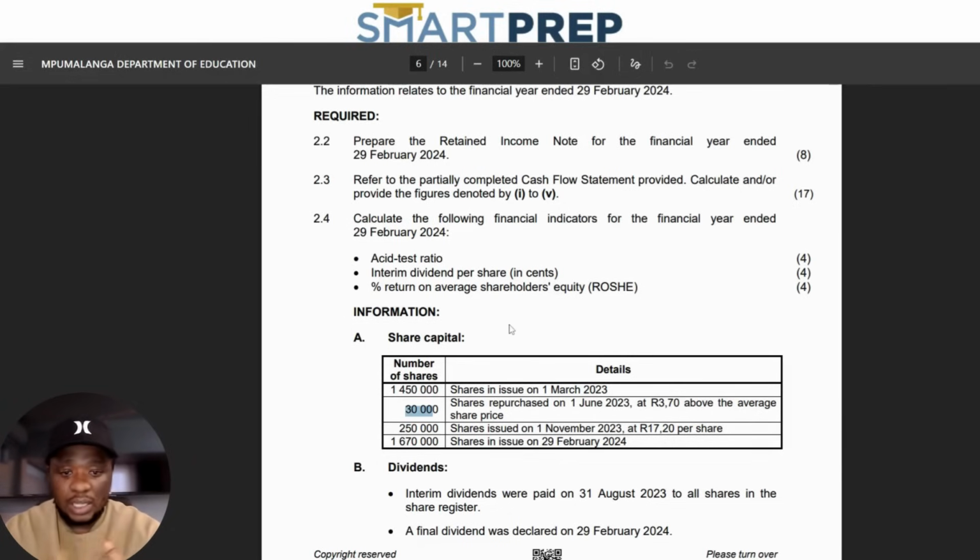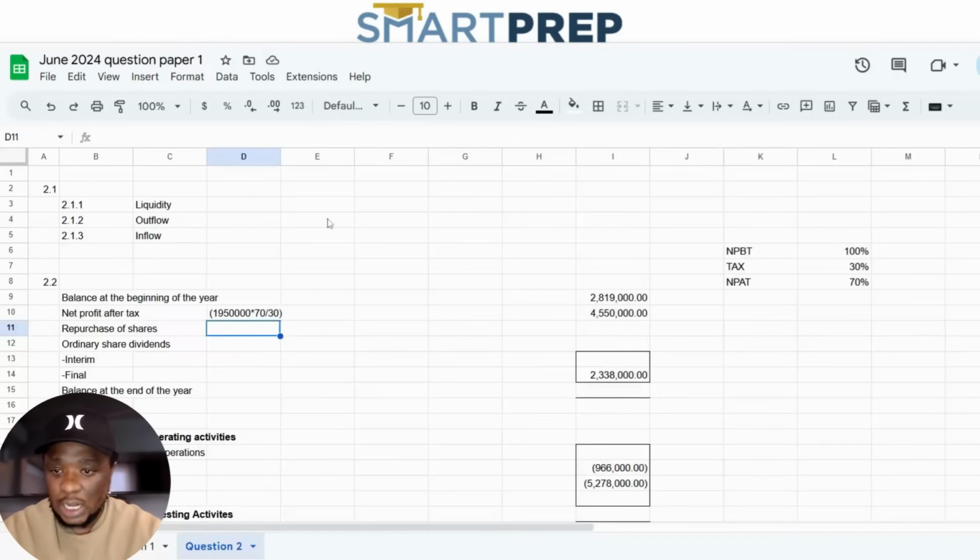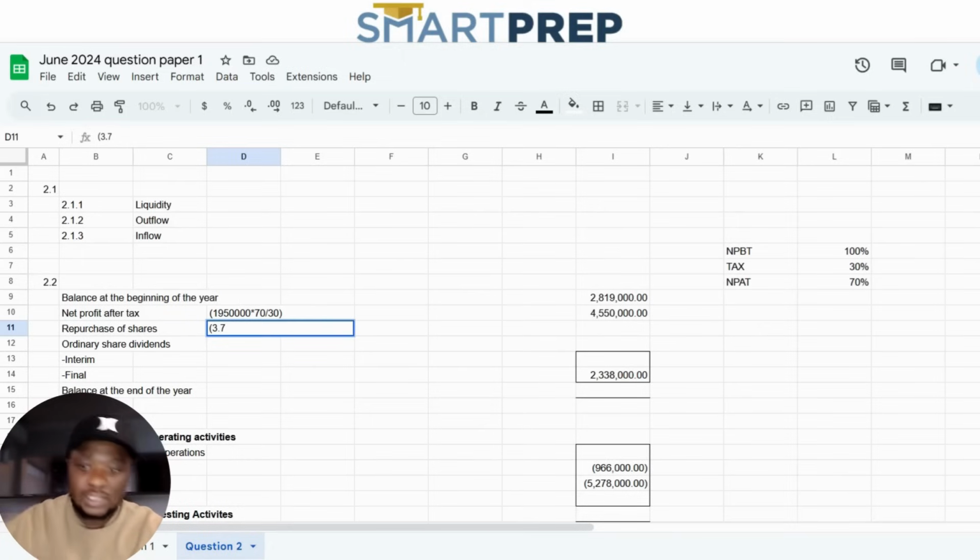So the way we're going to do it is that we're going to take the 3.7 and multiply by the 30,000. So this is how it's going to work. Let's take the 3.7, which is the above average issue price. Remember that the average issue price is set off against ordinary share capital, but against retained earnings, we take the amount that is in excess of the average issue price.